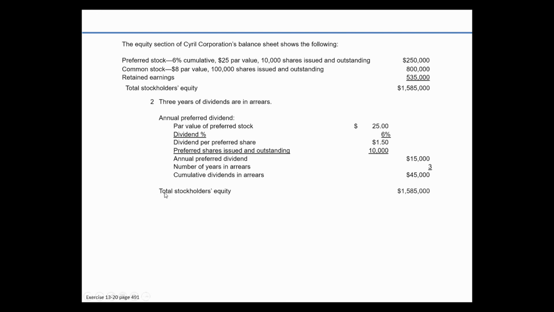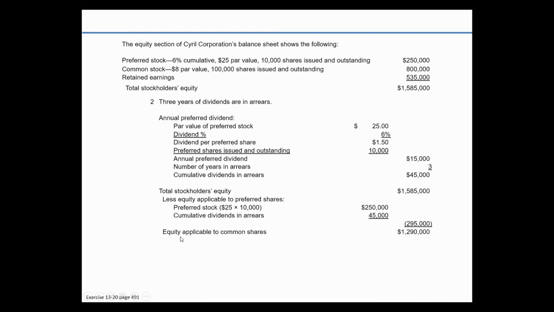So then we would take the total stockholders' equity of 1,585,000 less the equity applicable to preferred shares, which again is 250,000. And we have to take the cumulative dividends in arrears, which is 45,000. So we would add both of those, and we come out with 295,000. For the equity applicable to common shares, we would take 1,585,000 and subtract 295,000 from it.